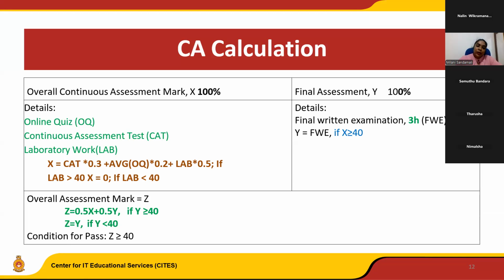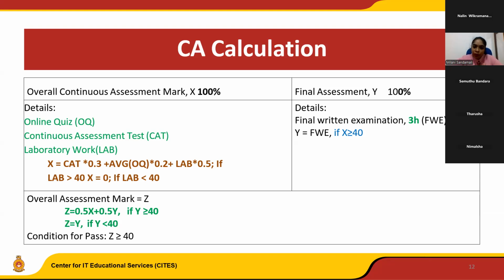However, you are allowed to sit for the final examination only if your continuous assessment marks is 40 or above. That means you have to be eligible in order to sit for the final examination. Okay. So hope you can understand that.